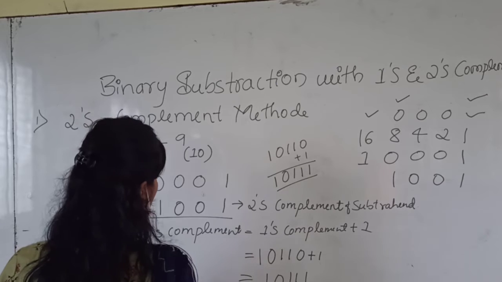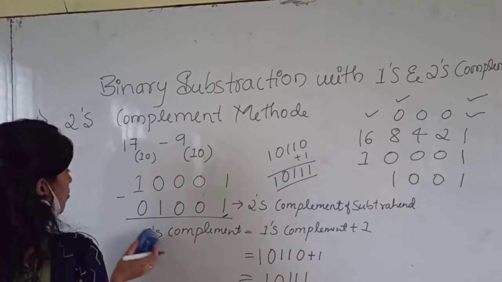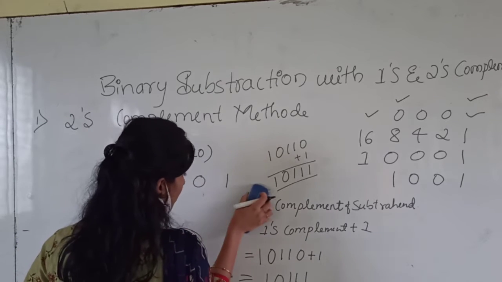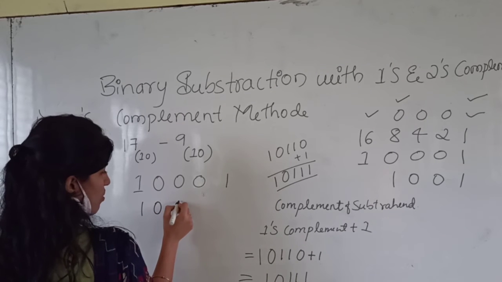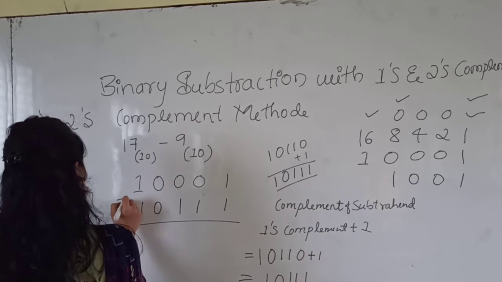After that we get the 2's complement of this subtrahend, and again it is added to the minuend. 1, 0, 1, 1, 1, and it is added to the minuend.